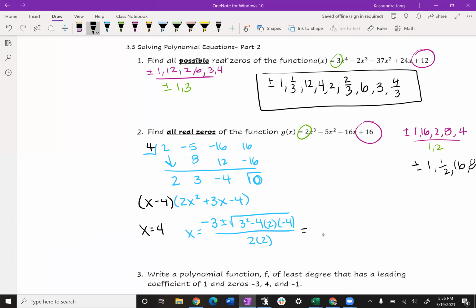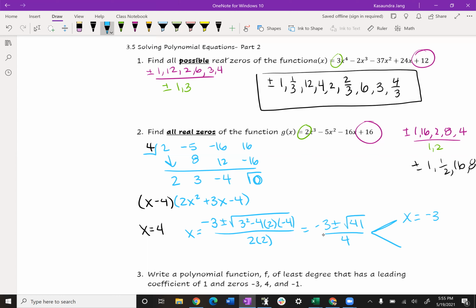It's not easy to do the square root of 41. Now, a lot of times I would pay attention to what the instructions tell you. If they tell you to round, great, go ahead and put that whole thing in your calculator. If they want an exact answer, then actually this would be as good as it's going to get. I can separate it into 2 different x values, but they still would be kind of messy here.